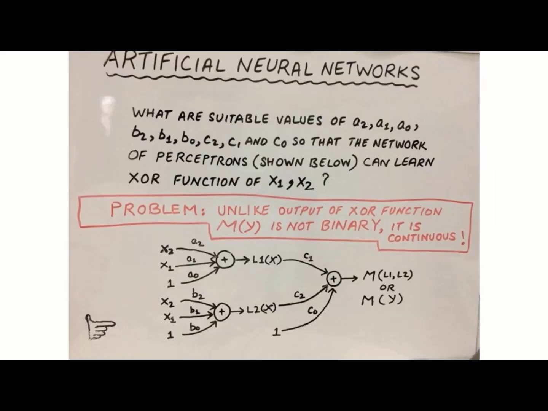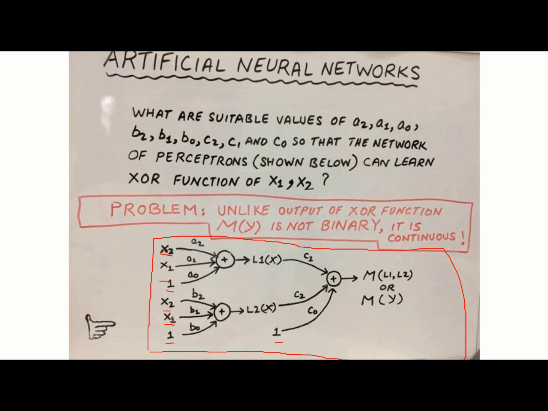Now, if we wish to schematically present the two-level learning of the exclusive OR function, it will be helpful to draw the signal flow diagram of this form, where the inputs are x1 and x2, and then we also have some helping inputs set to constant 1 as shown here.